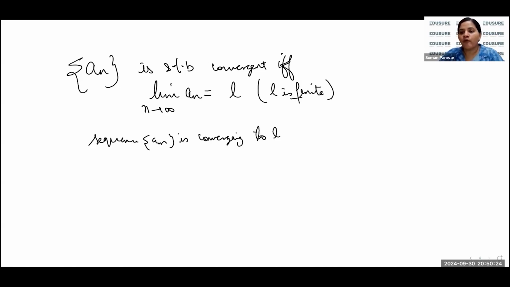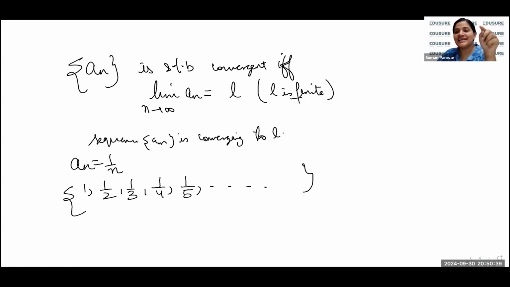So for example, take the sequence an equals 1 upon n. The first term is 1, the second term half, the third term 1 by 3, the fourth term 1 by 4, the fifth term 1 by 5, and so on. As n is increasing, the denominator is increasing. If the denominator is increasing and the numerator is fixed, the number is becoming very small.